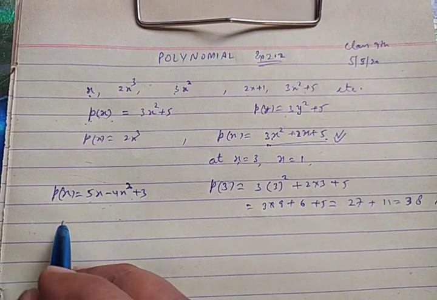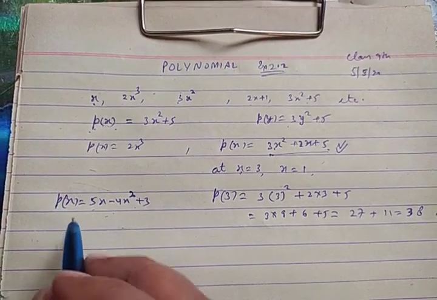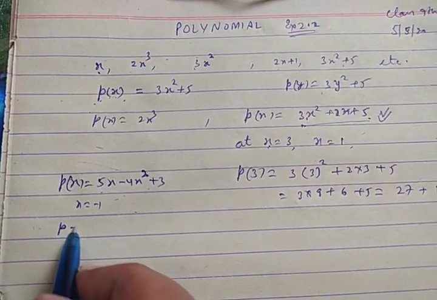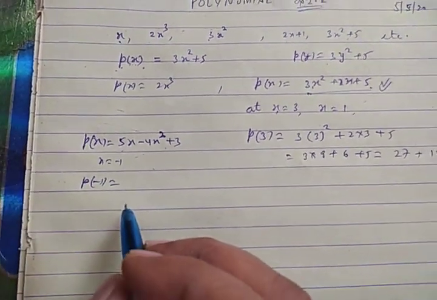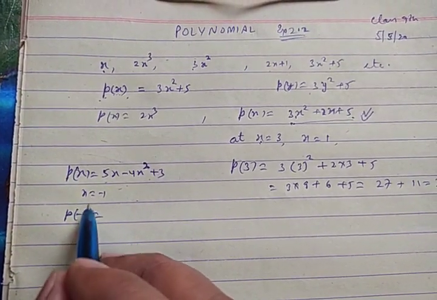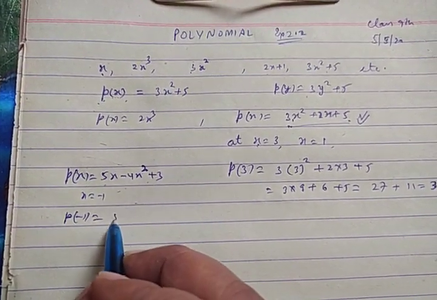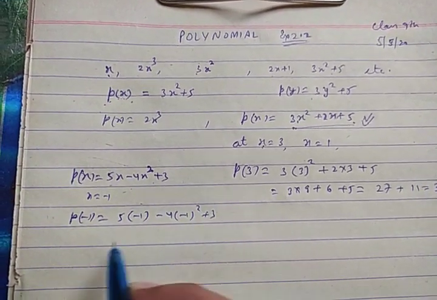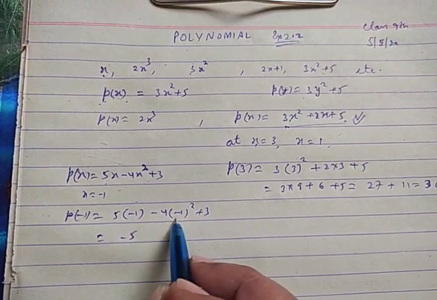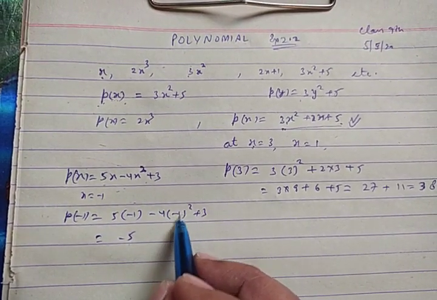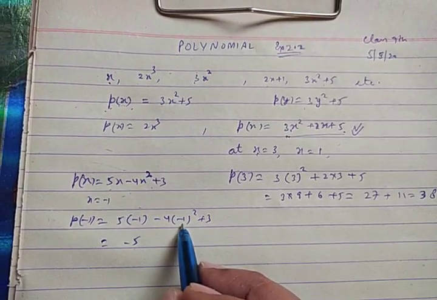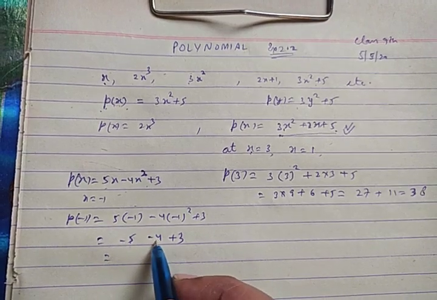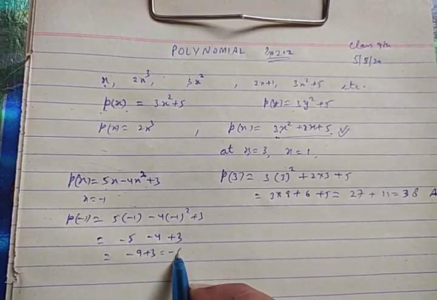You have to calculate value of this at x is equal to minus 1. It means p(minus 1) you have to calculate. You will substitute value of x as minus 1 in the expression. 5 into minus 1, minus 4 into minus 1 square plus 3, minus 5, this will become minus 4 into 1 square, 1 square will be plus 1, and minus 4 plus 3, minus 5 minus 9 plus 3, that is minus 6.